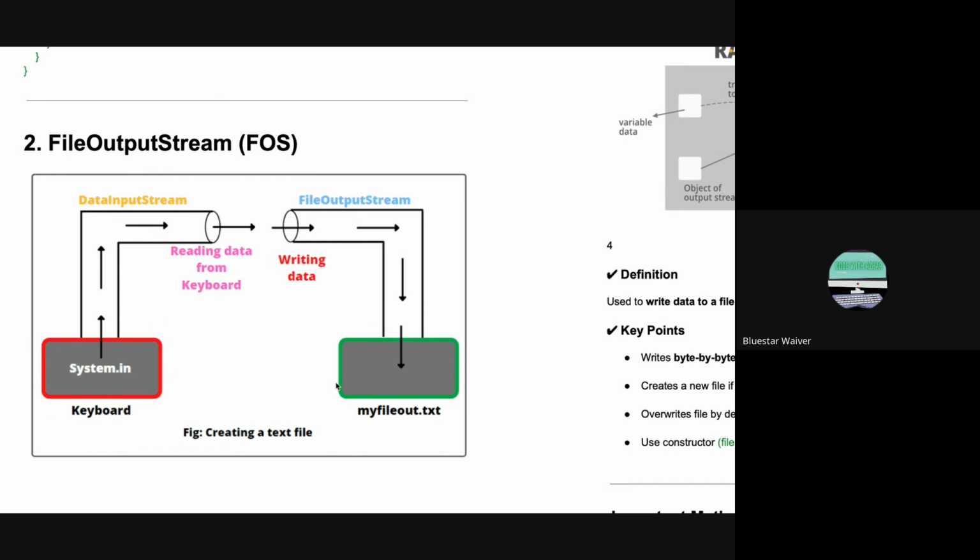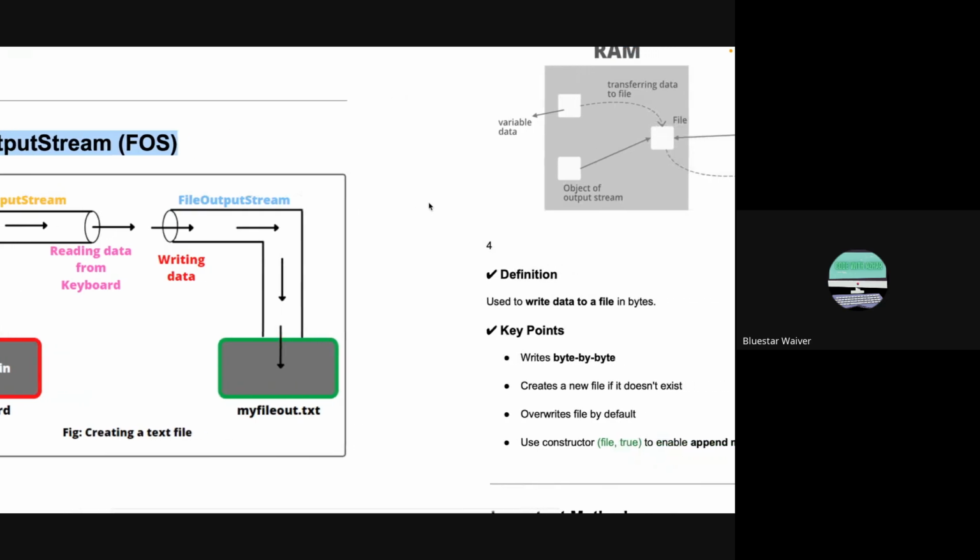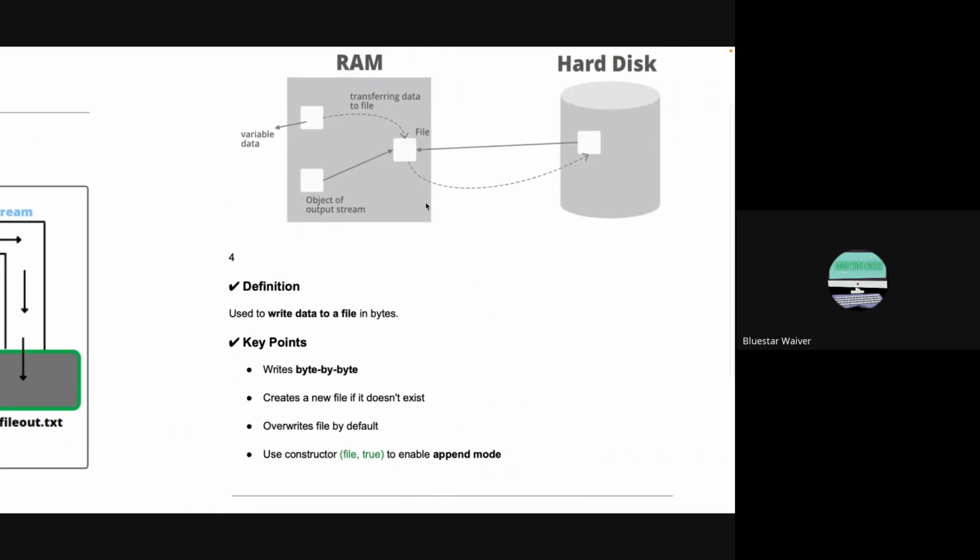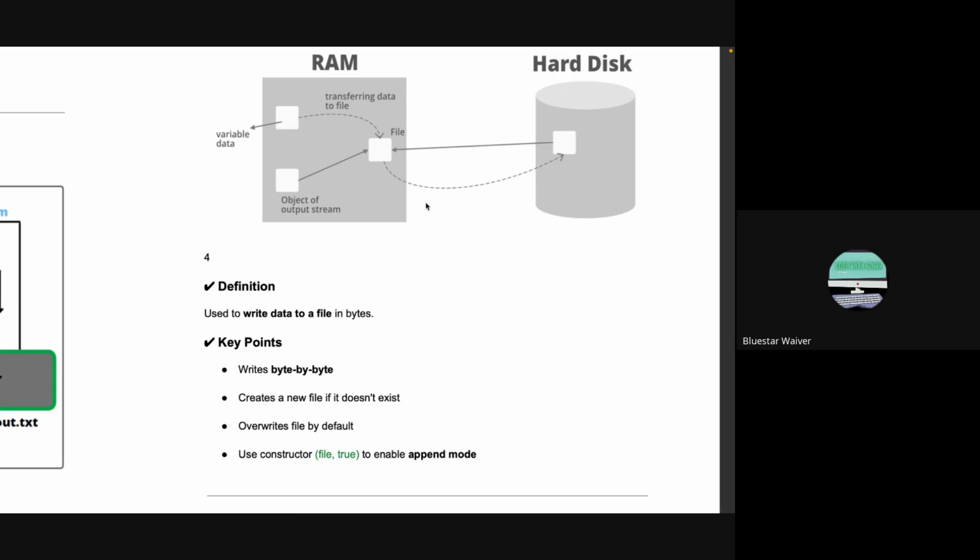Here the txt file was there. Now output stream is the opposite of input stream. You just write this title and you start from here. Okay. The definition, what are the key points?